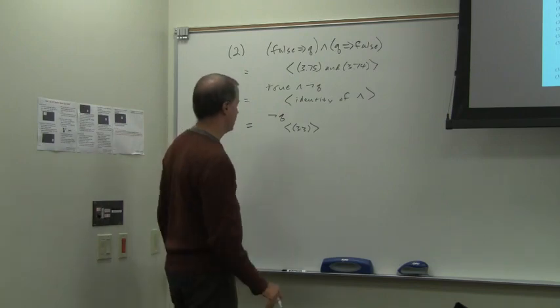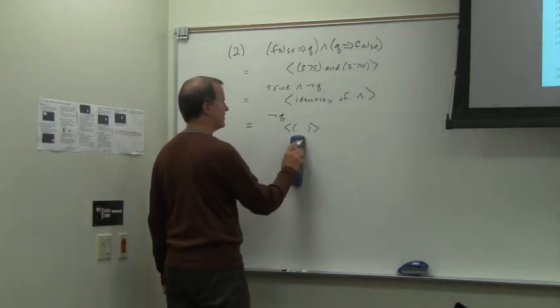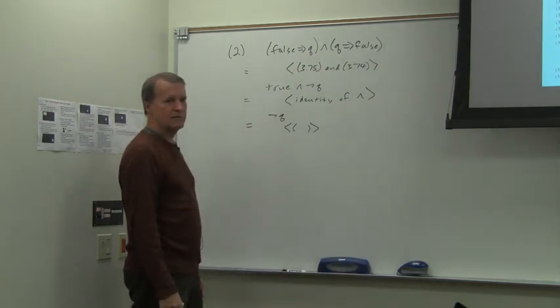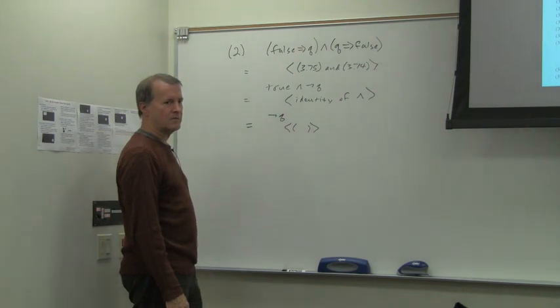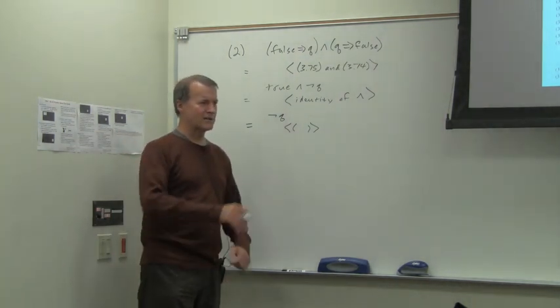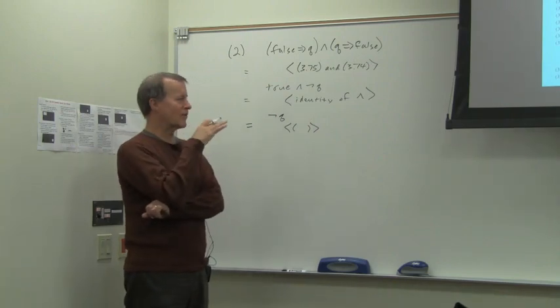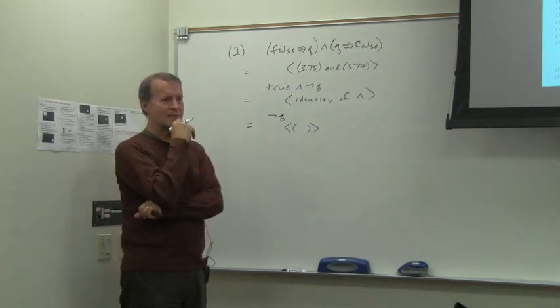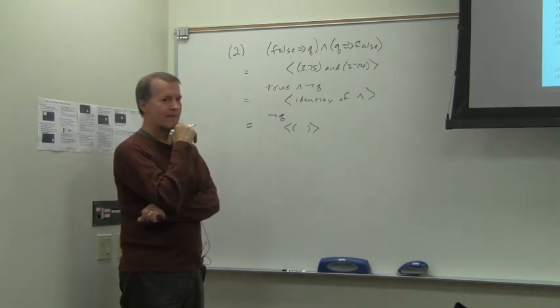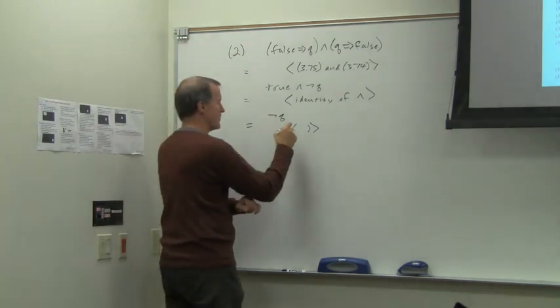Oh, wait, not 3.3. No, I don't think you do. Ooh, how are we going to get this? No, I don't think we can just start with the whole thing. Q equivales false. 3.15 is what?